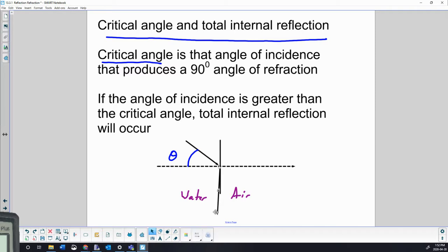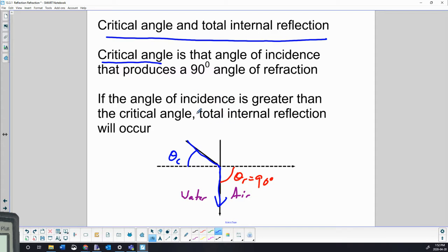That's when you know you have your critical angle. So let me label this. The refracted angle right here, angle of refraction equals 90 degrees when we are at this critical angle. So again, critical angle is the angle of incidence that produces a 90-degree refraction, so it comes in at this angle, it gets refracted straight this way, 90 degrees.